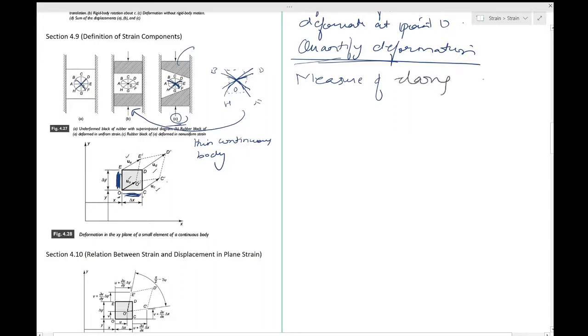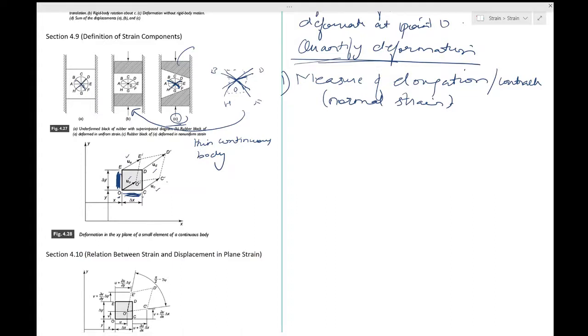okay, let's take the first one, measure of elongation. Let me write in a slightly better font. Okay, so this gives a measure of the elongation or contraction of a line, and this will be called a normal strain component, and the second one will give us a measure of the relative rotation of the two lines, which will be called the shear strain one.